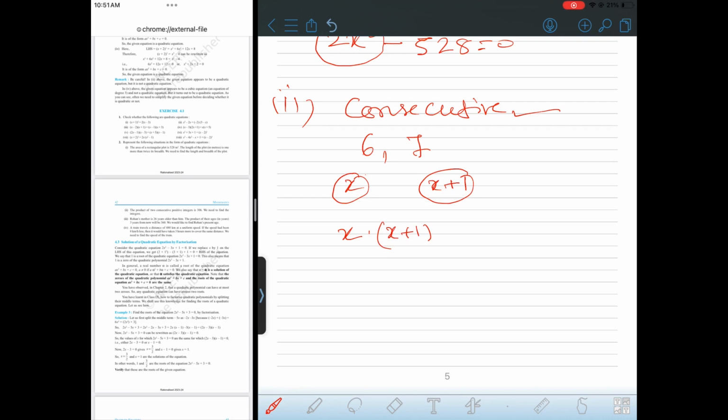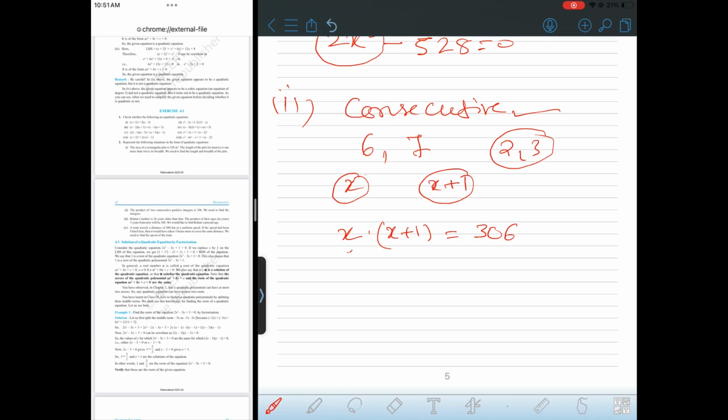Likewise, we have 6 and 7. For example, we have 2 and 3, both are consecutive, one after another, and their product is also given, which is 306. So first number x into second number x plus 1, product is equal to 306. The main key term to understand in this question is what consecutive means.